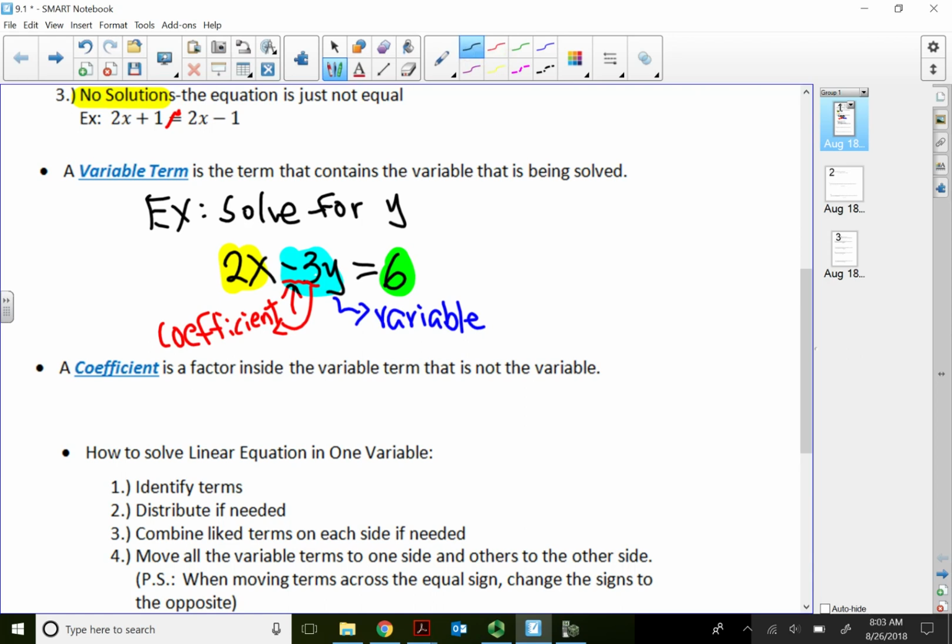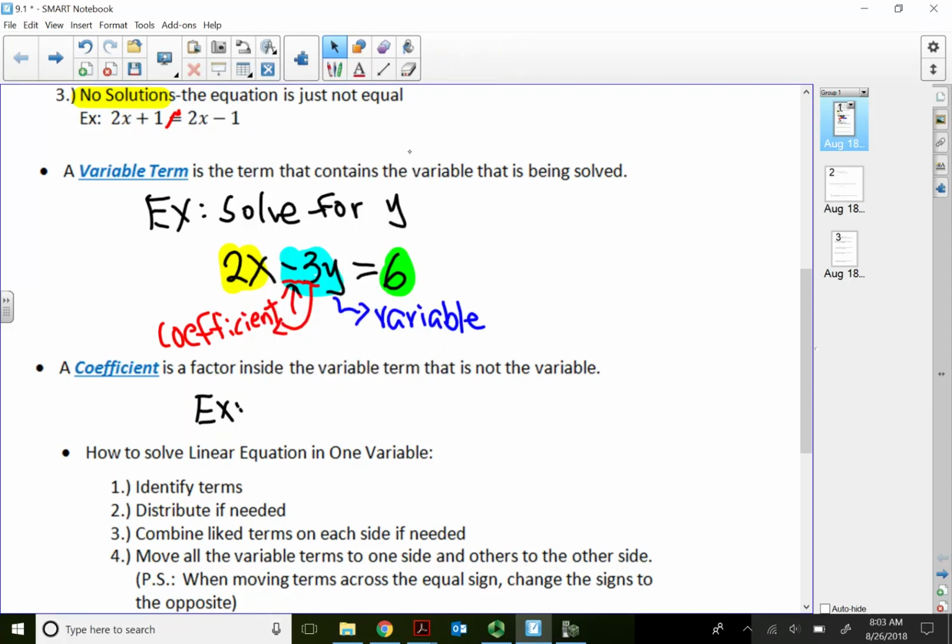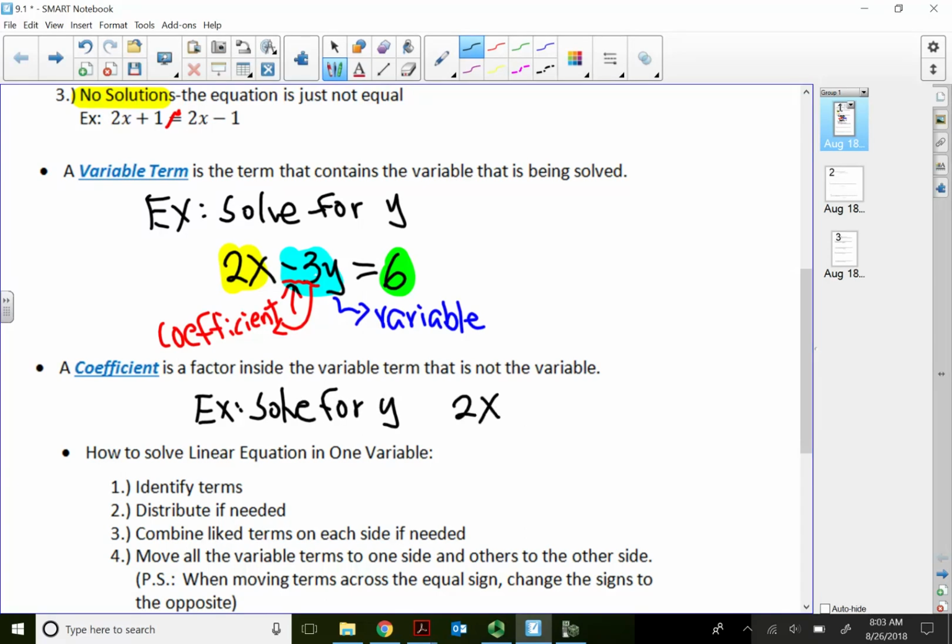For another example, if I want to solve for y again, and this time my equation is 2x minus 3yz equal to 6.